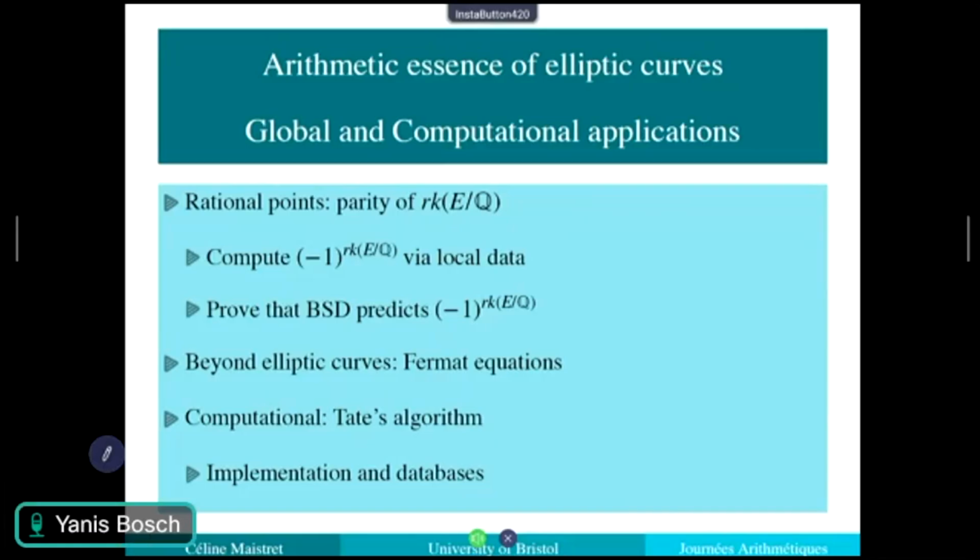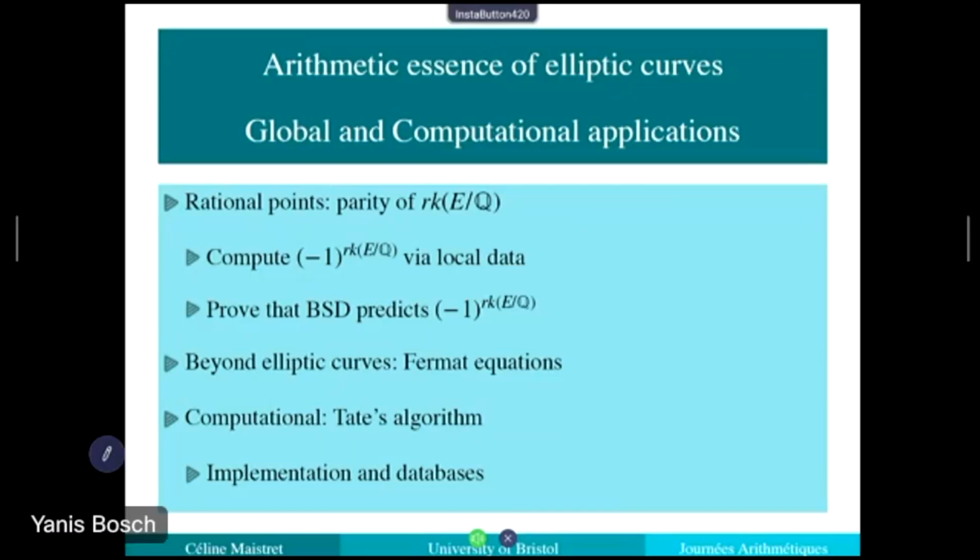You know that the rank is at least 1 and at most 2, but you just don't know if it's 1 or 2, then you can use parity to decide. And then, of course, you may want to prove that BSD actually correctly predicts the parity. And that's called the parity conjecture.